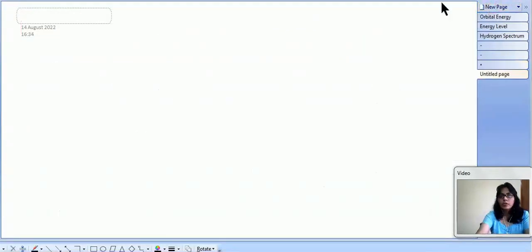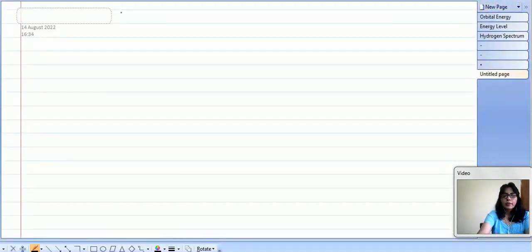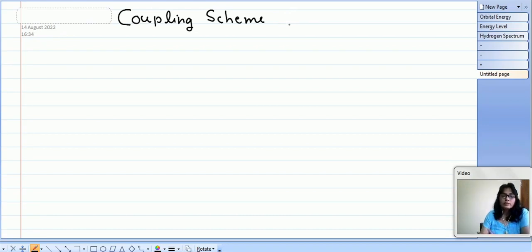Now let us go to the last topic of today's lecture, and that is the coupling scheme. So put the heading coupling scheme. If we have more than one electron, two electrons or more than two electrons, then the quantum numbers of these electrons will add together to give the total quantum number for the atom. So let us write it. What is the meaning of the coupling scheme?